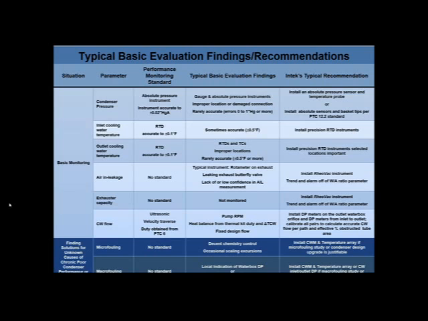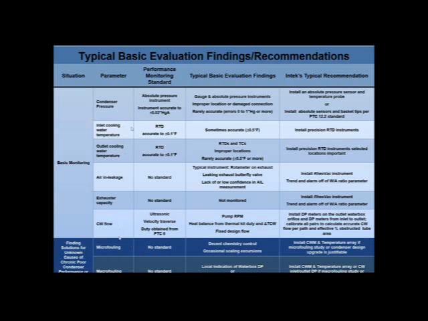So this is a table. This is a big summary of the last couple slides showing typical findings from our basic evaluations. I'm not going to go through it all, but it basically shows what we typically find on condenser pressure, what we would typically recommend. Same with cooling water, air and leakage, exhauster capacity, all this stuff.